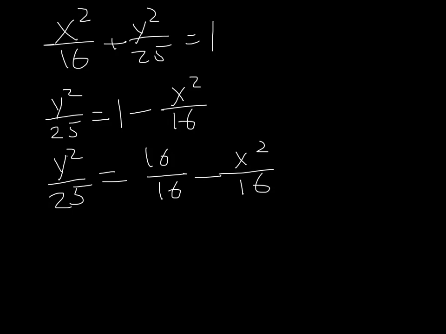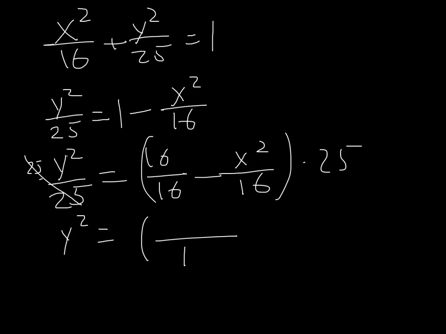And then you can multiply 25 to the other side, so this cancels. So y squared equals 25 times (16 minus x squared) over 16.